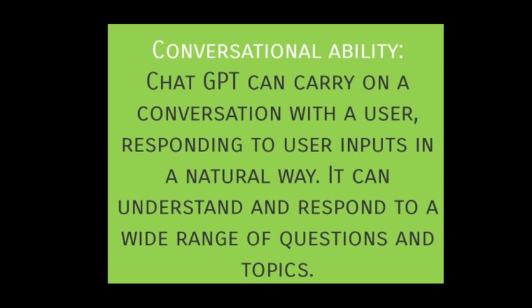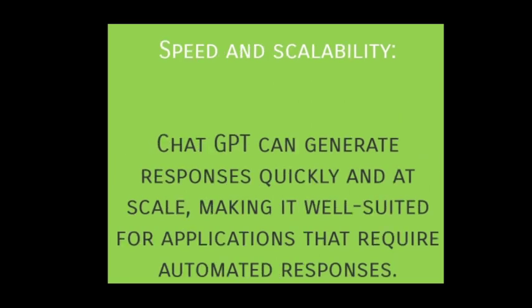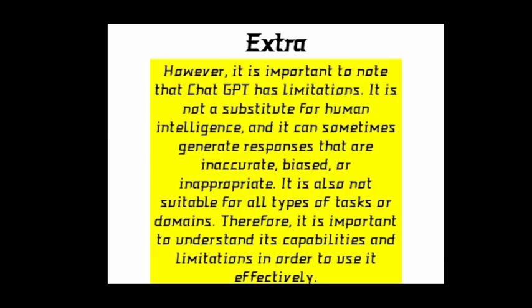It can understand and respond to a wide range of questions and topics. Adaptability. ChatGPT can be fine-tuned on specific tasks or domains, allowing it to generate more accurate and relevant responses for a particular use case. Speed and scalability. ChatGPT can generate responses quickly and at scale, making it well-suited for applications that require automated responses.